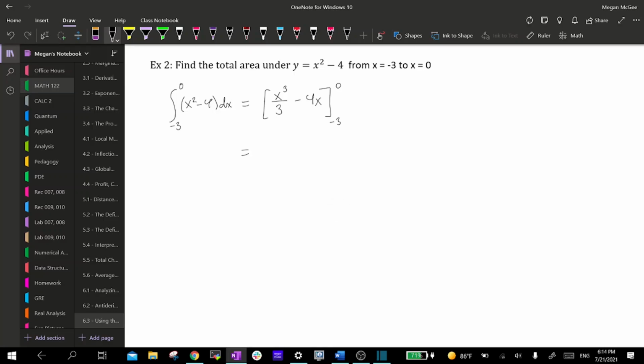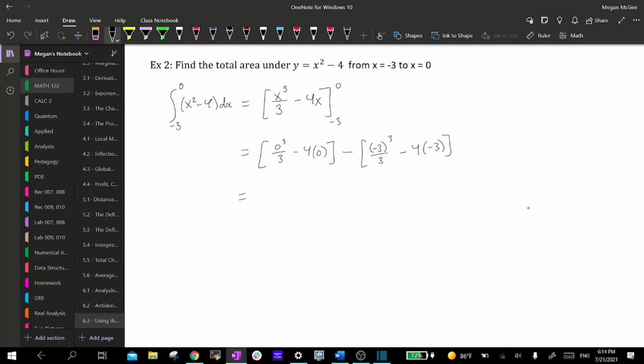So we want to evaluate at our top bound first. So we have 0 cubed over 3 minus 4 times 0 minus -3 cubed over 3 minus 4 times -3.